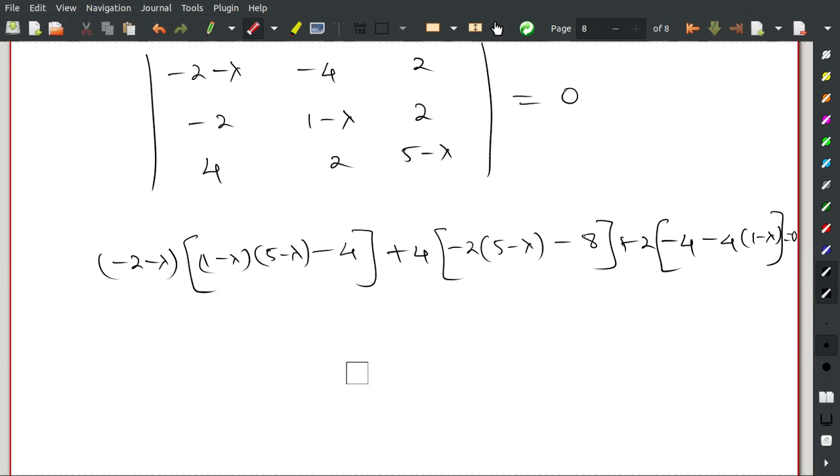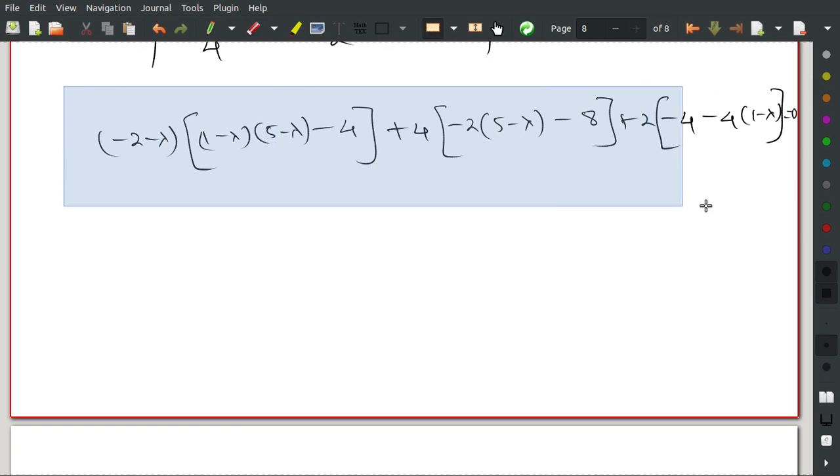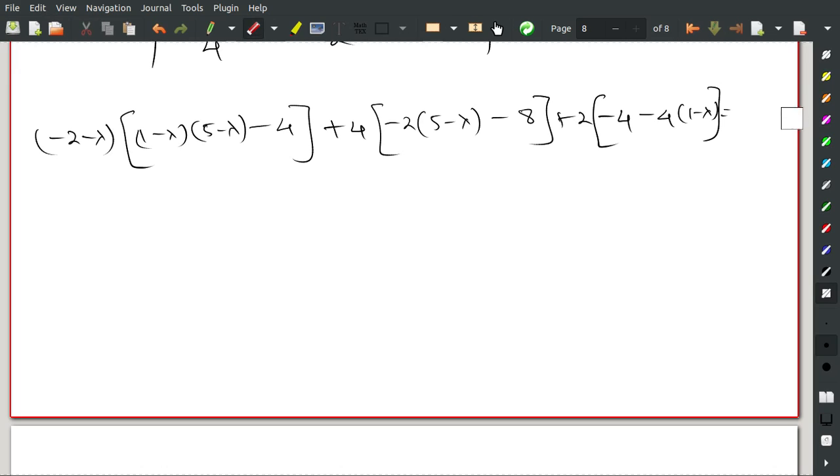Upon expansion and simplification, we end up with minus lambda cube plus 4 lambda square plus 27 lambda minus 90 equal to 0.